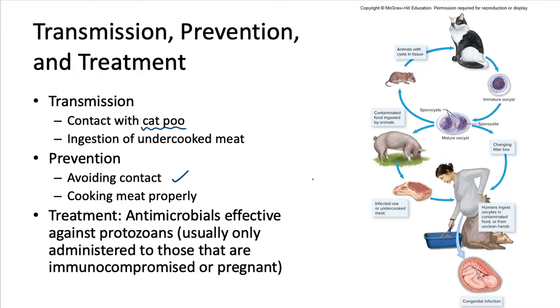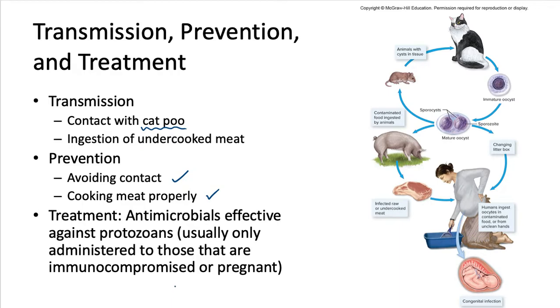So avoiding contact and cooking meat thoroughly all the way through, no pink center, would be the major ways to prevent toxoplasmosis infection.